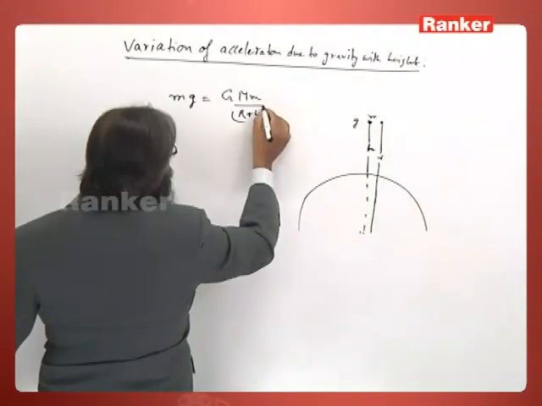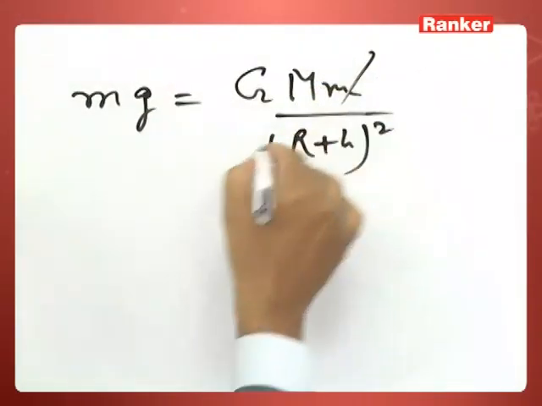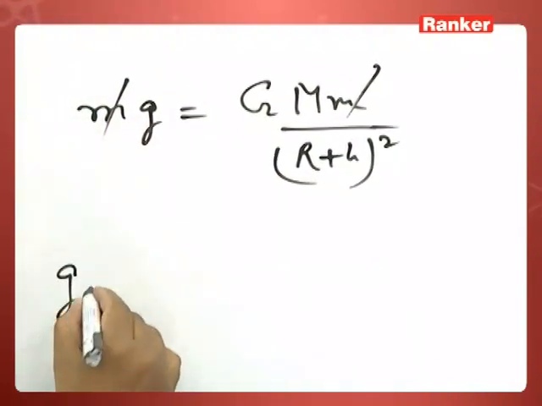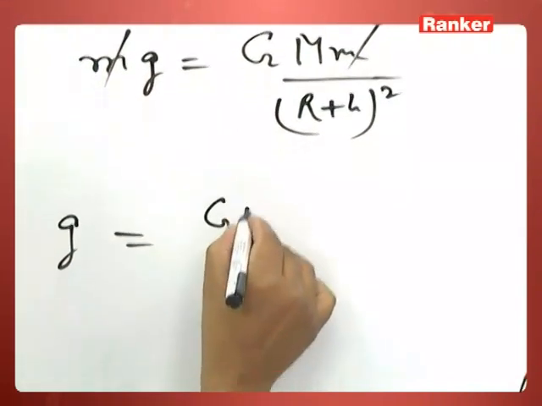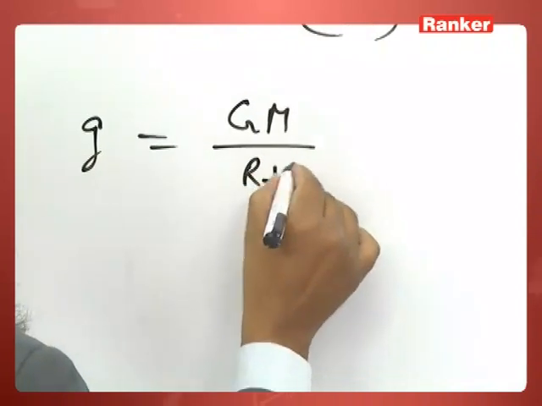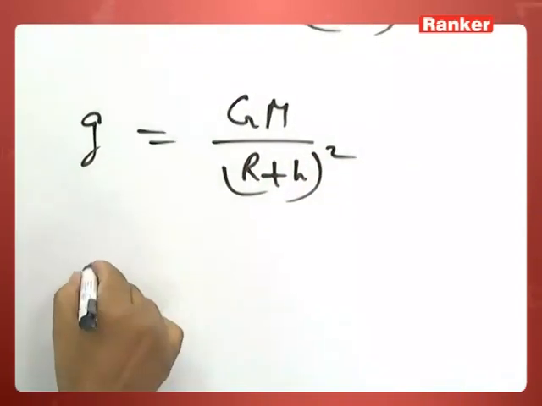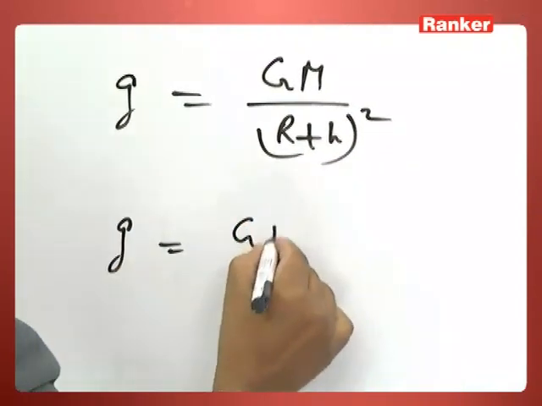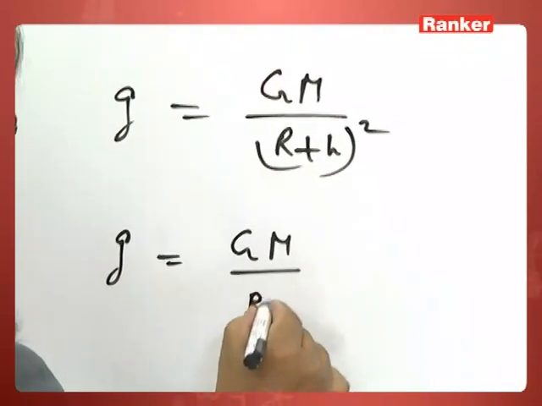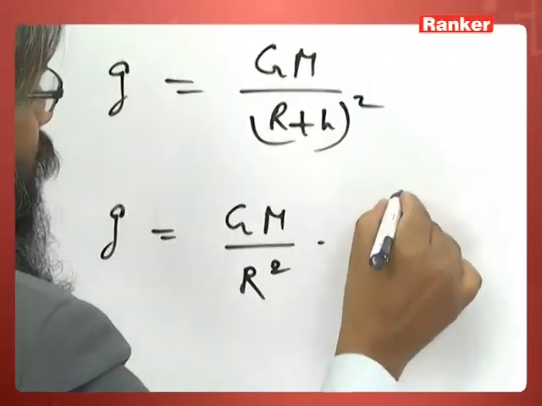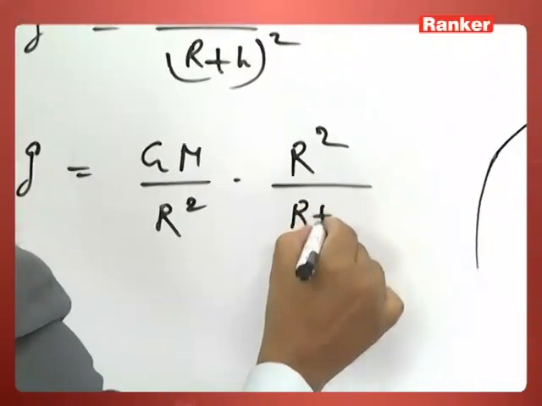So now m cancels. So we have g equal to GM by R plus h whole square. Now g is equal to GM by R square into R square by R plus h whole square.